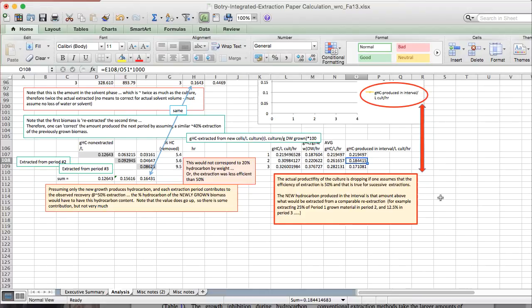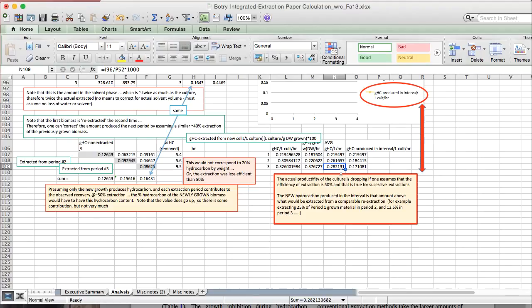And again, you have to be careful about interpreting those types of things, because you're getting benefit later for the material that was produced earlier but simply wasn't extracted.